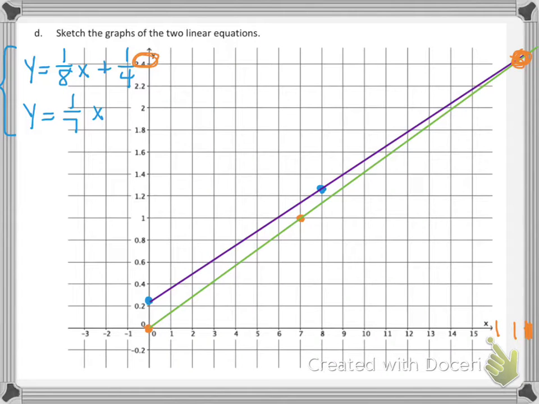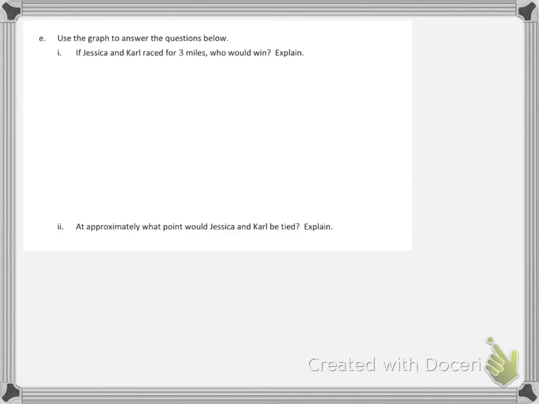So Carl would catch up at about the 2.5 mile mark, and then pass Jessica, and he would win. If it was a 3 mile race, it would definitely be Carl. This is Carl down here, and this one is Jessica. And that would be our answer for part I. Carl would win. Carl would pass at about the 2.5 mile mark and go away.